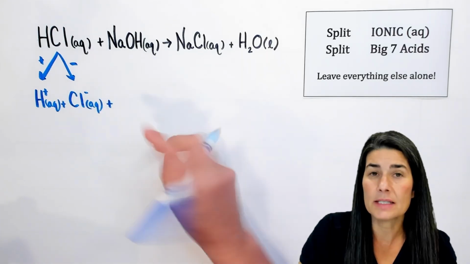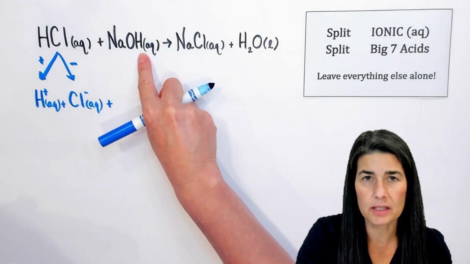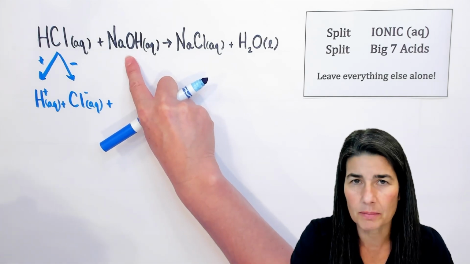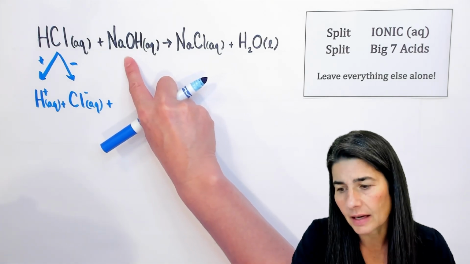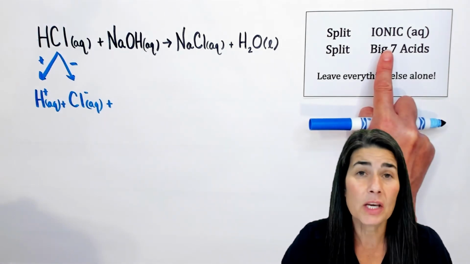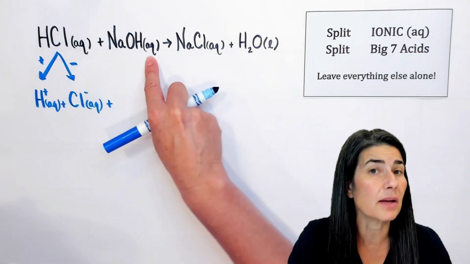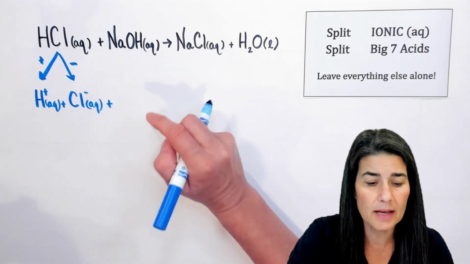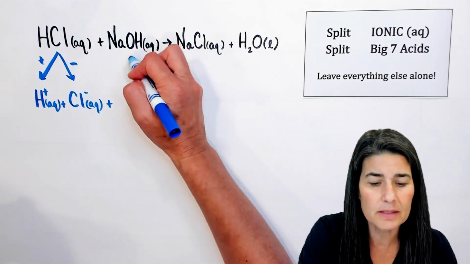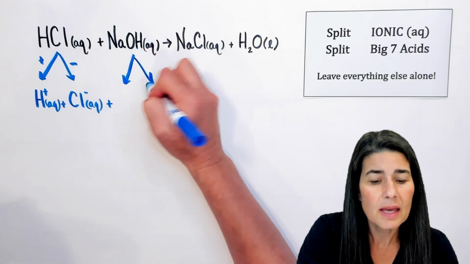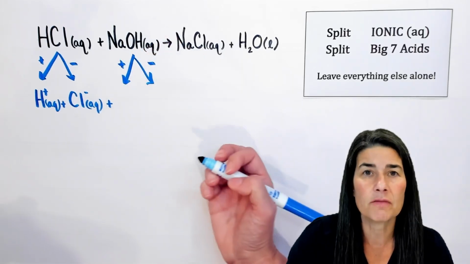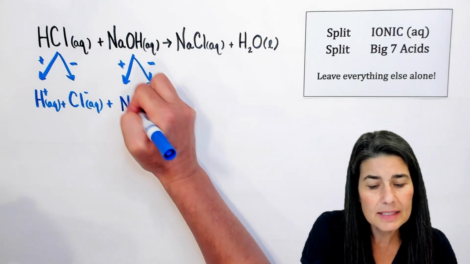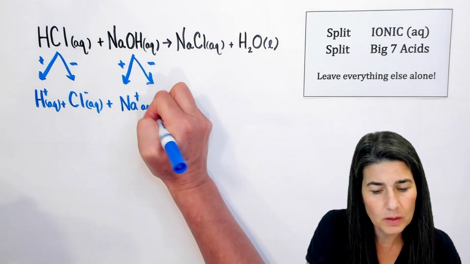Now let's go ahead and deal with the next one, sodium hydroxide. Sodium hydroxide starts with the metal sodium. Since it has a metal in it, we know that it's ionic. And we know this particular ionic compound also says aqueous. It's dissolved in water. Because it's ionic and because it's aqueous, we need to split it up into its positive and negative pieces. The positive ion from sodium hydroxide is Na+, dissolved in water.